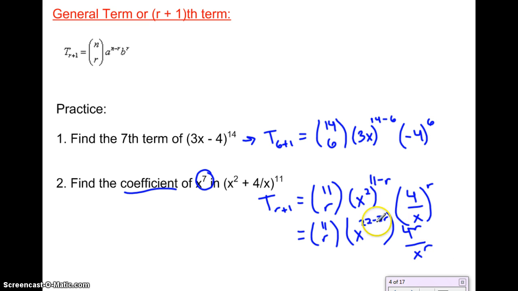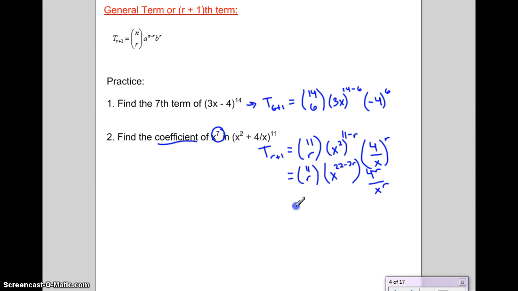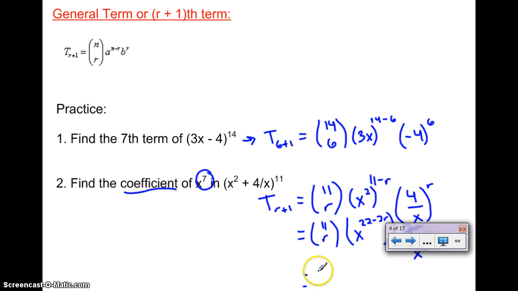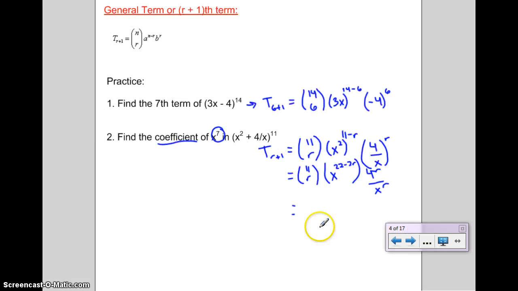Since I know that this 4 to the r is going to become part of my coefficient, I'm going to move it and put 4 to the r up front with the 11 choose r, because those are both going to be part of our coefficient. And then this x to the 22nd minus 2r divided by x to the r.